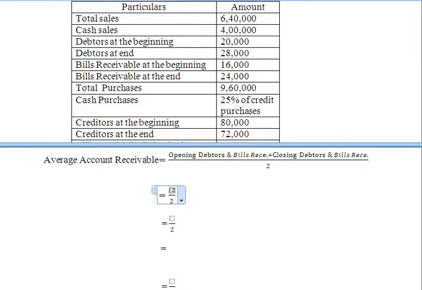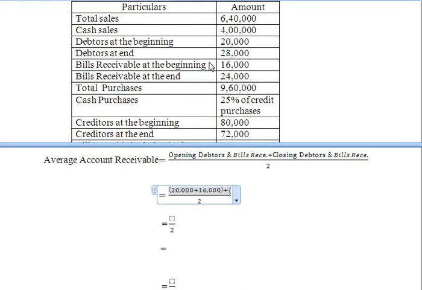So right here, bracket, 20,000 opening debtors we are writing. Plus what is the amount of opening bills receivable? 16,000. Opening bills receivable 16,000, close the bracket, plus once again open the bracket, closing debtors.